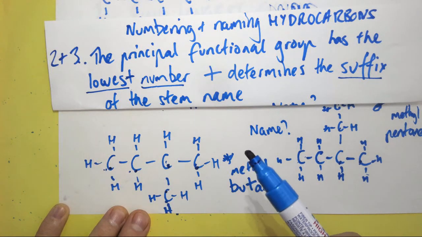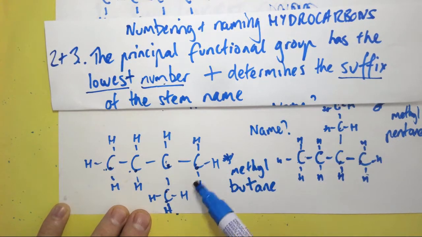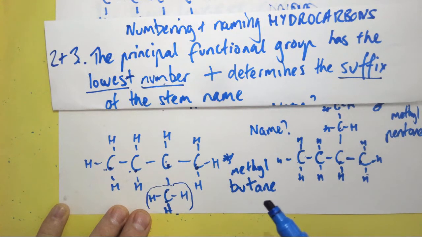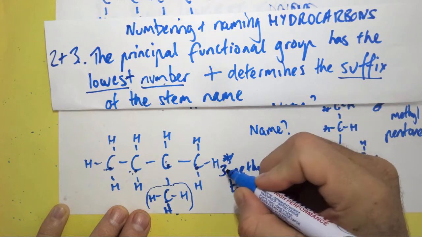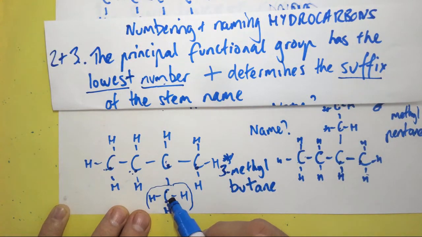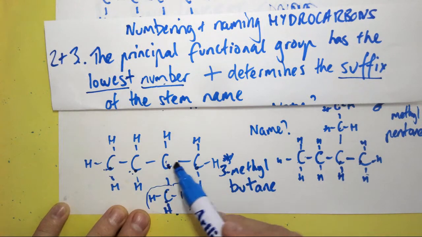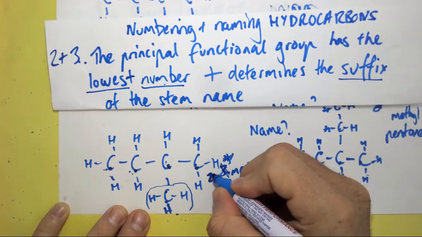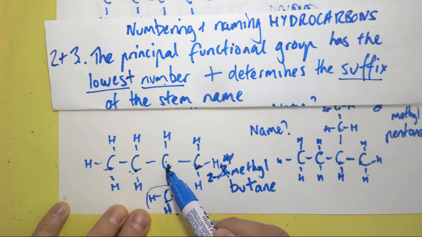How do we do it? Well, we're looking for the lowest number with a functional group. This is our functional group, CH3. So it can either be 3-methyl butane, or it can be 2-methyl butane. It's not going to be 3, it's going to be 2, because that's attached to number 2, the lowest.